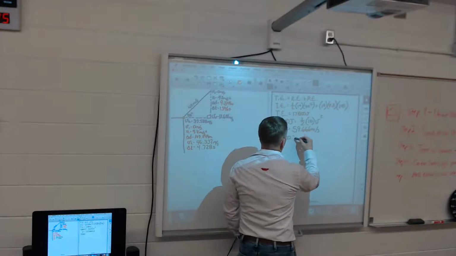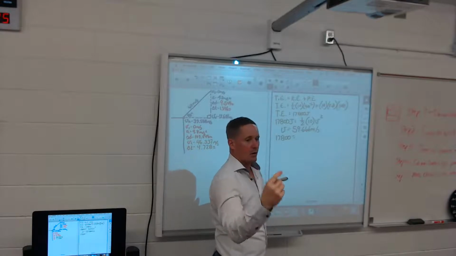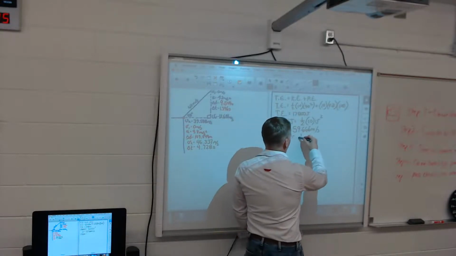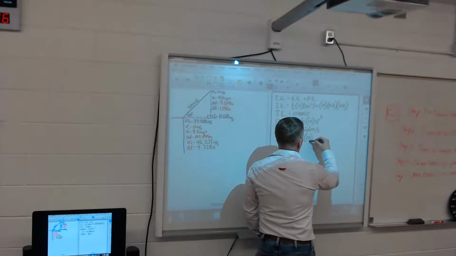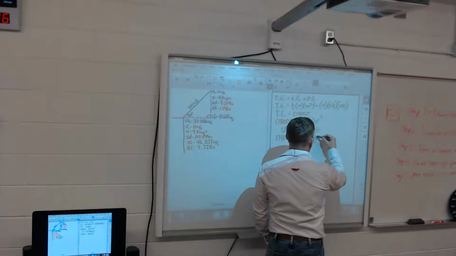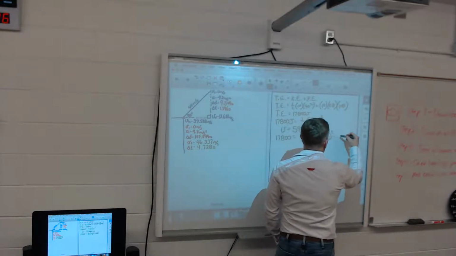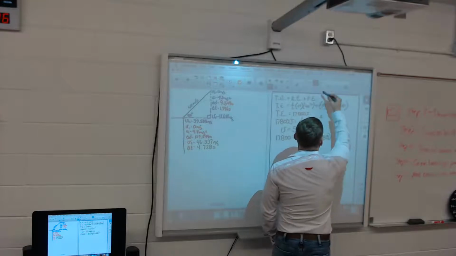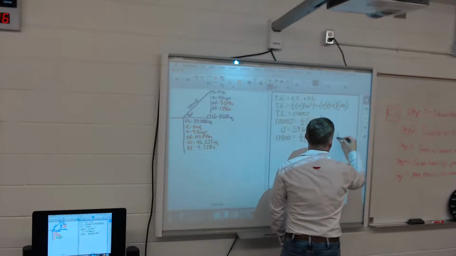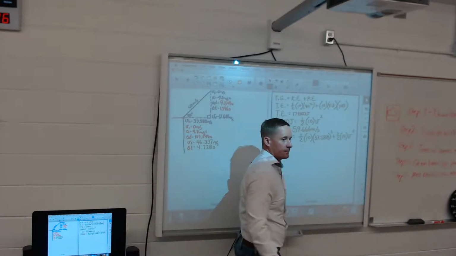17,800 equals the kinetic energy of the horizontal plus the kinetic energy of the vertical. 1/2 times the horizontal speed of this guy, which was 37.588, squared, plus 1/2 times 10 times V squared.